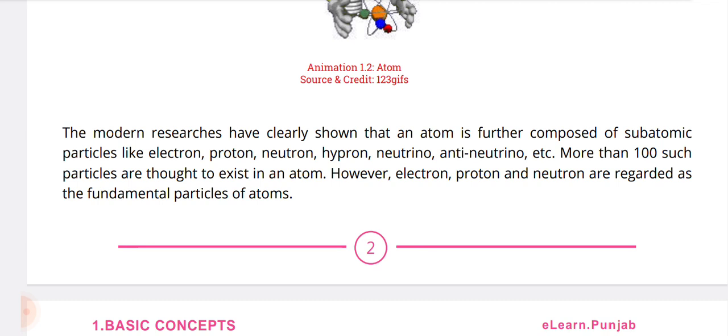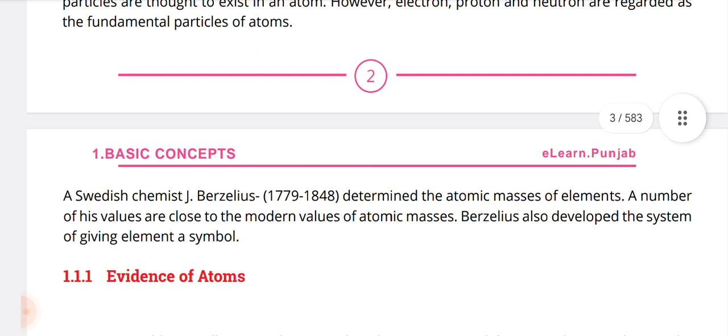However, electron, proton, and neutron are regarded as the fundamental particles of atoms. A Swedish chemist, Berzelius, determined the atomic mass of elements. A number of his values are close to the modern values of atomic masses. Berzelius also developed the system of giving elements a symbol.